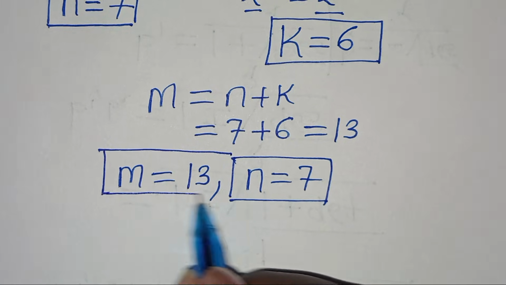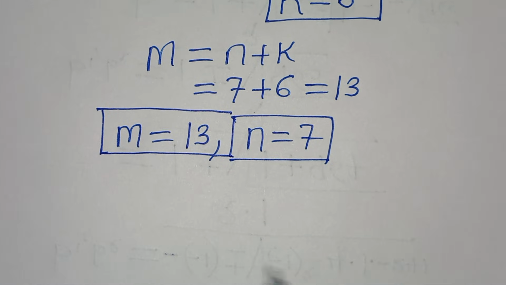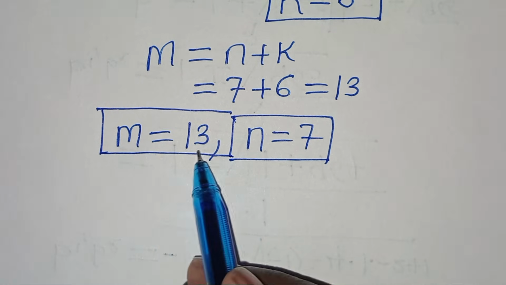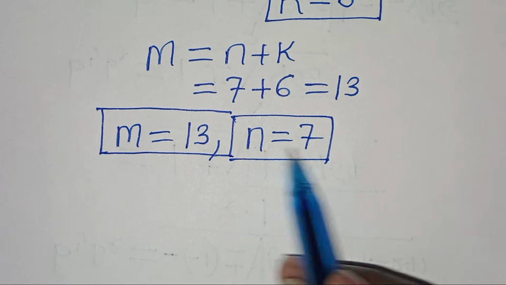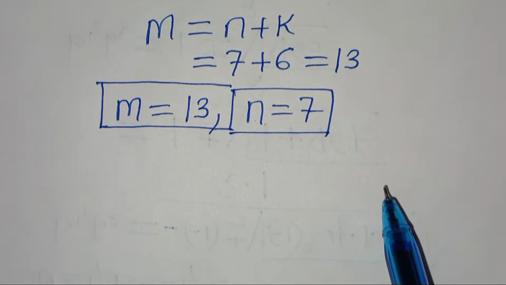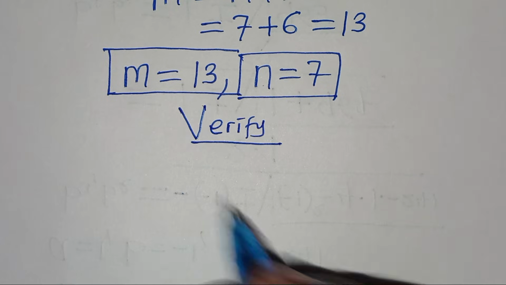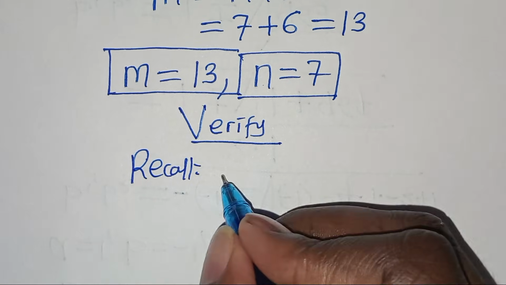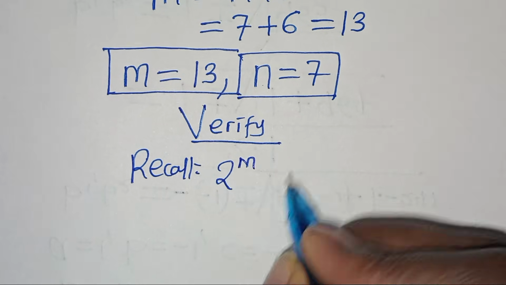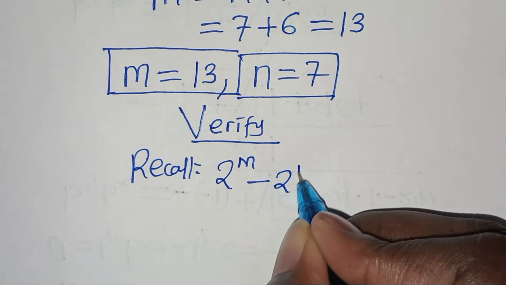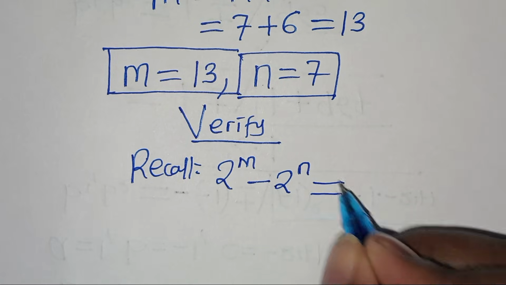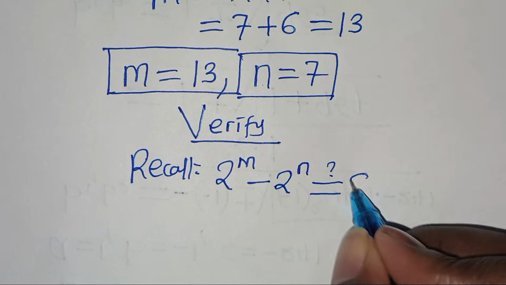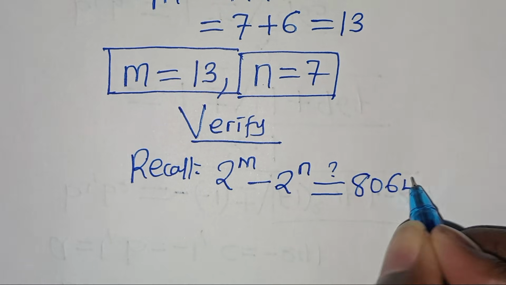So the next step from here is to verify that this m, which is 13, and n, which is 7, satisfies the equation. Now, if you recall, we have that 2 to the power of m minus 2 to the power of n is supposed to give us a value of 8064.